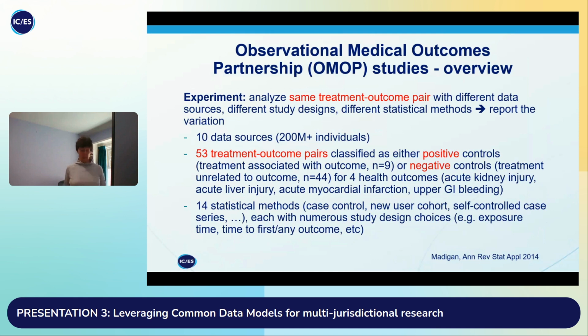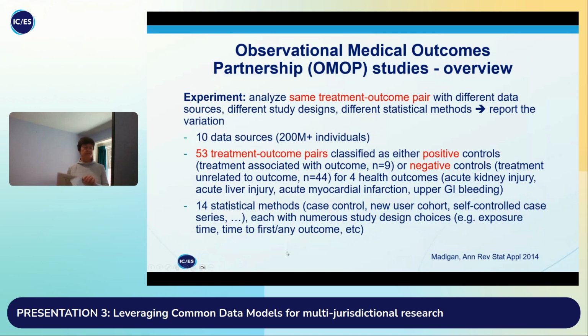So choosing the exposure window, was it 30 days, was it 7 days? Choosing the look-back window for covariates, choosing the number of covariates, choosing propensity-based strata, et cetera. And they literally had something like 6,000 different pairs of relative rates that they could plot and look at.